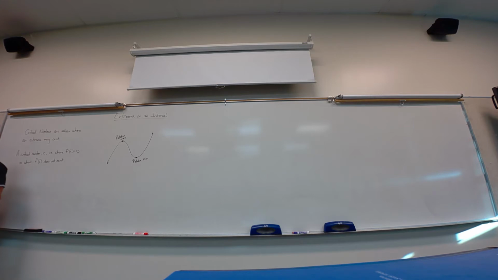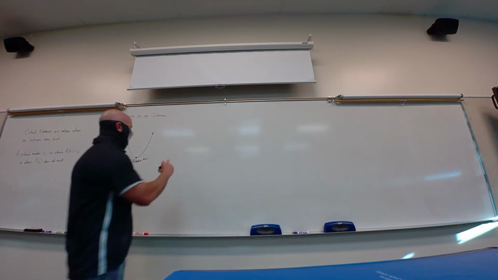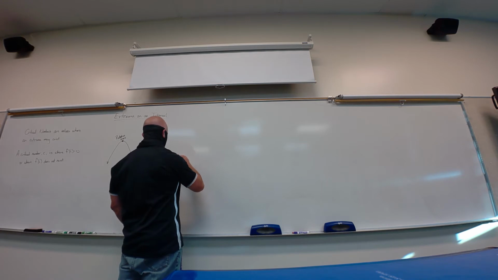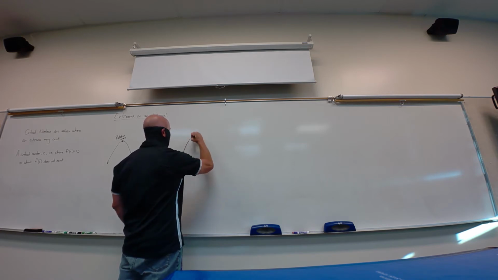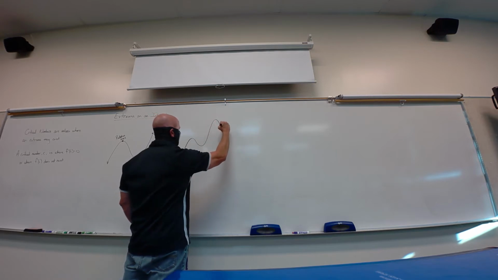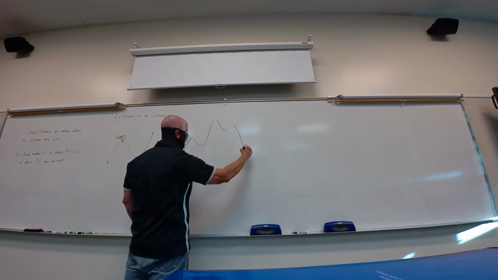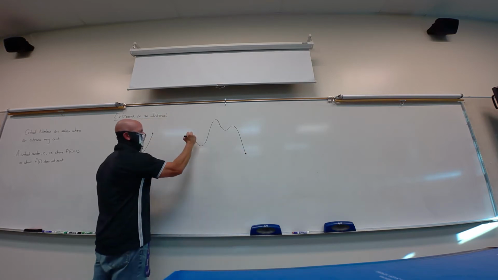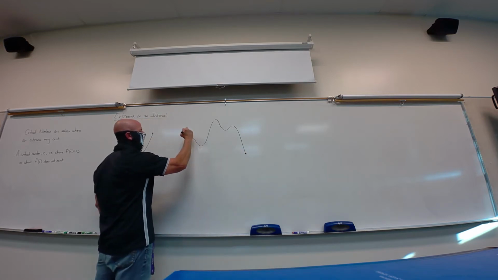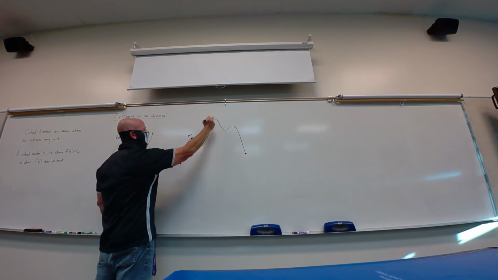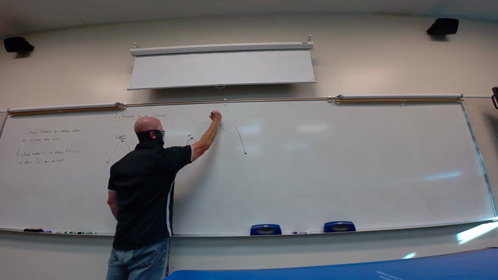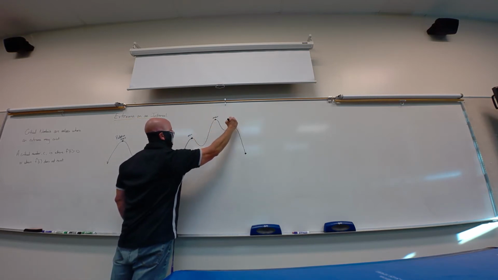You can actually have multiple relative maxes or mins. So, get another one here. So here you'd have a relative max, a relative max, relative max.